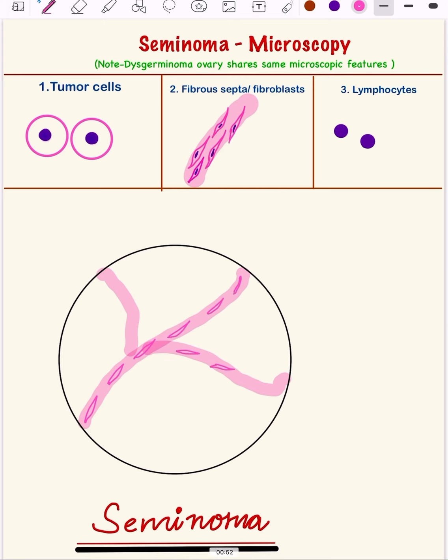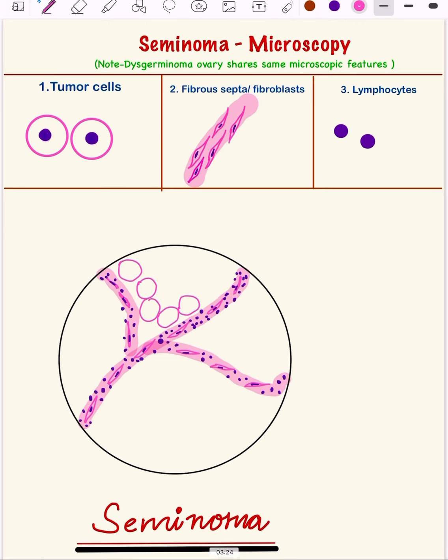So you make the fibroblasts, these spindle shaped cells with pointed ends, and then you make the nuclei of these fibroblasts. And after that, you know that you have to make the lymphocytes in this fibrous septa. So you make many lymphocytes. Now this part is complete.